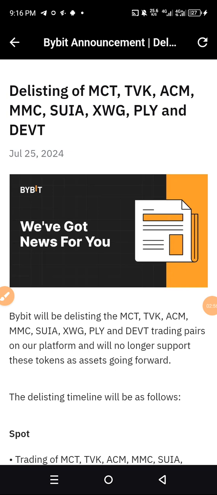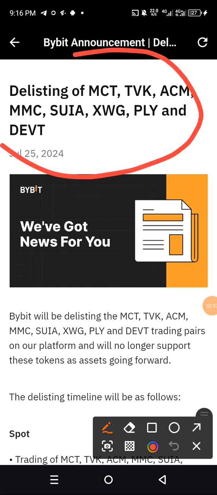Then it says what here? It says delisting of MCT, TVK, ACM, MMC, SUIA, XWG, PLY, and DEVT, which is DEFT.